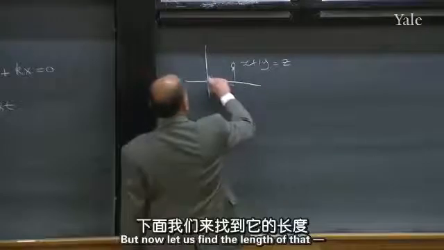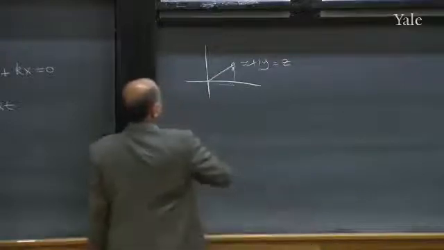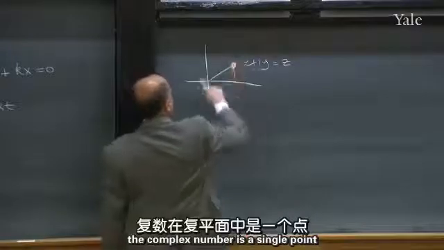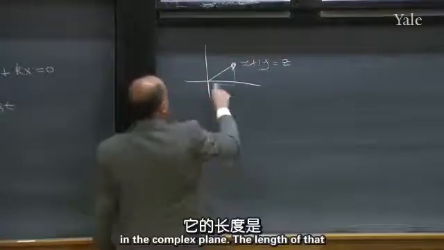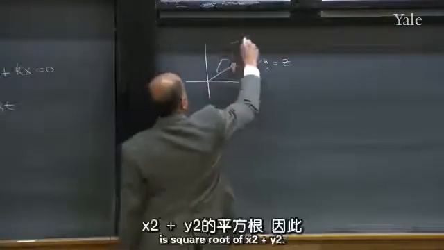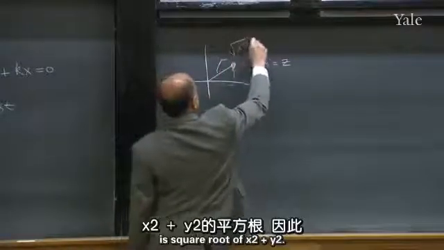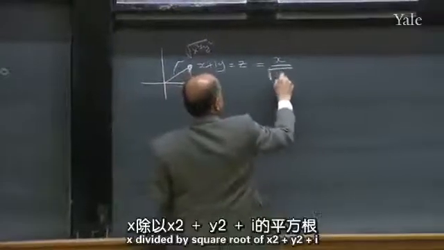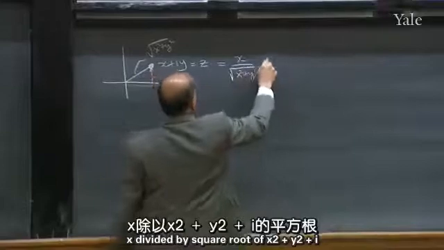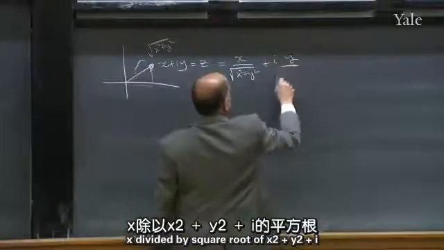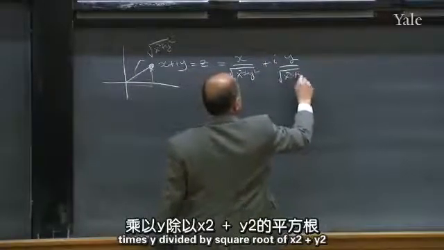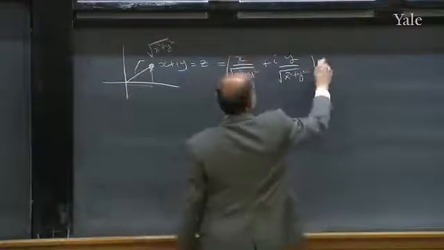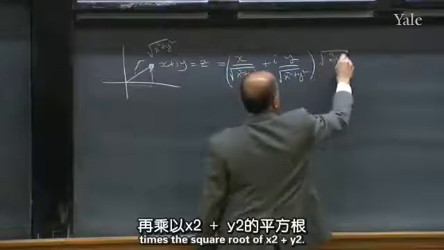But now, let us find the length of that. The complex number is a single point in the complex plane. The length of that is the square root of x squared plus y squared. So I can also write z as x divided by the square root of x squared plus y squared, plus i times y divided by the square root of x squared plus y squared, times the square root of x squared plus y squared.